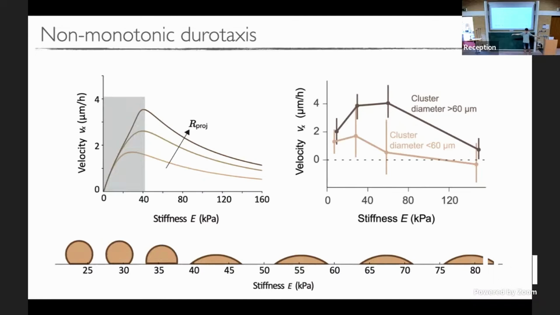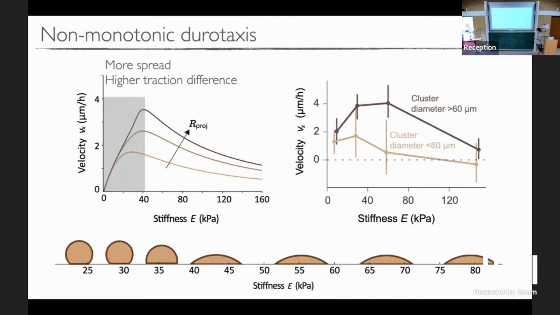And so they span a larger range of stiffnesses than before. And this means that now the difference in traction force on one side and the other is bigger. And this difference in traction force is the driving force of the Durotaxis. And so if you have a larger driving force, you'll move faster. Okay? So this is the explanation for this part of the behavior. The tissue spreads more, higher traction difference, faster Durotaxis.